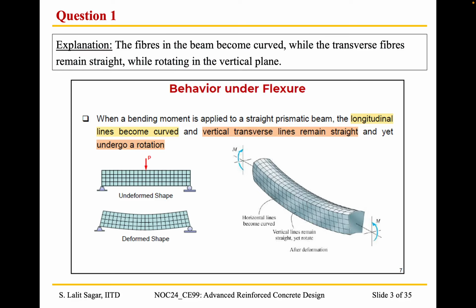They remain straight. We can see that this particular beam is undergoing sagging because of this vertical load, and the longitudinal fibers undergo shortening or elongation depending on the location above or below the neutral axis, and the transverse fibers undergo rotation. They remain straight, but they undergo rotation.